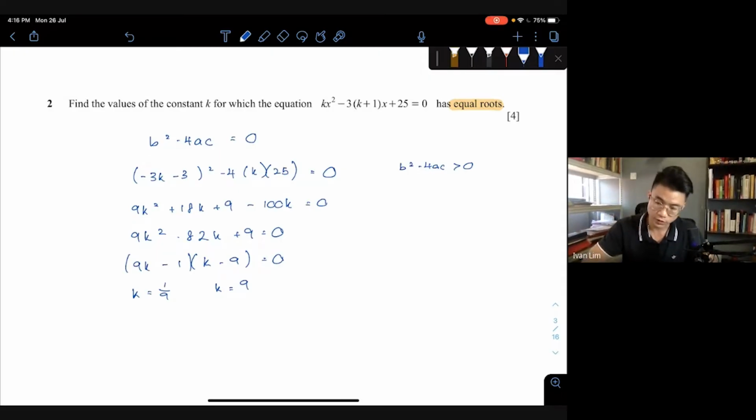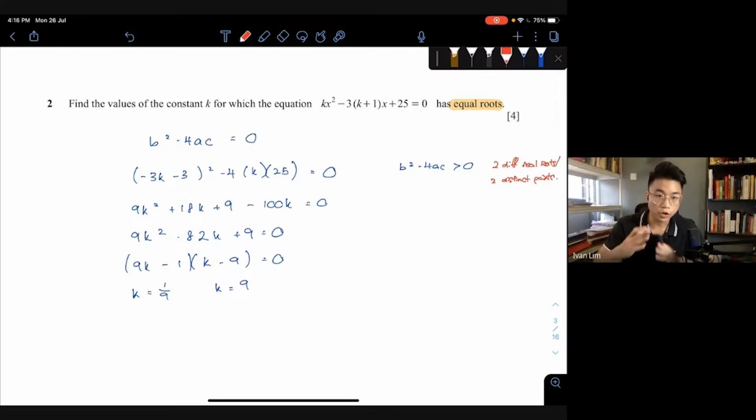So they can change the question: find the values of the constant k for which this equation has 2 distinct points or 2 different real roots. Then you use this. They either use one of these terms.